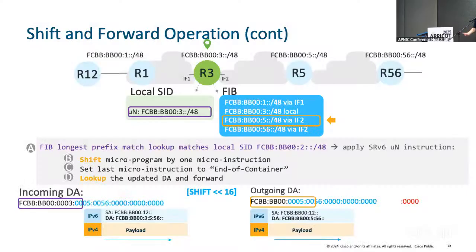Now you can see SRv6 doing the same thing: shift 16 bits, get the next hop, look up which outgoing interface, do the forwarding. That's all. Very simple, very efficient. That makes SRv6 exactly similar to what we introduced for traditional MPLS. So that's how we finish the forwarding.